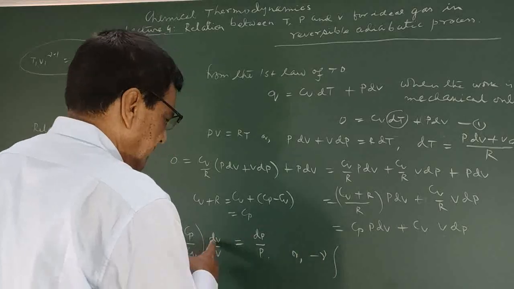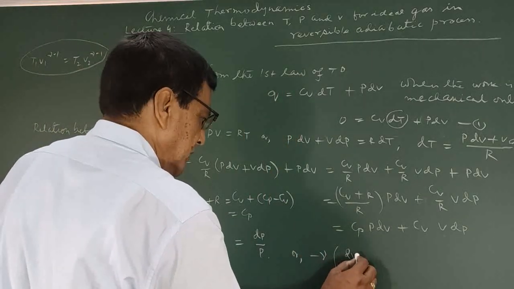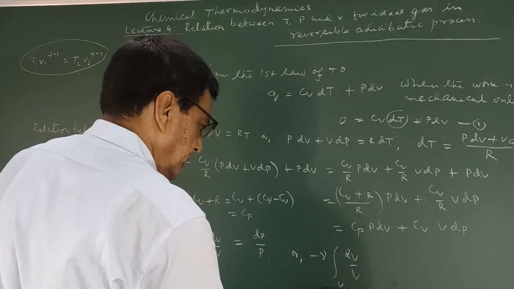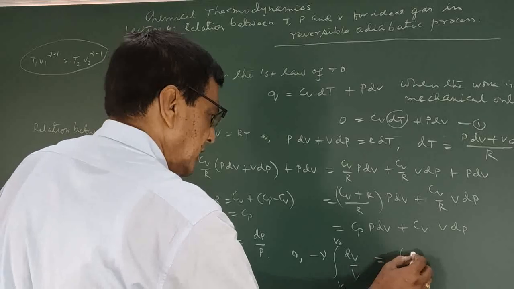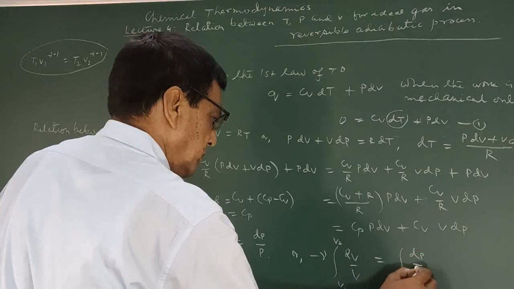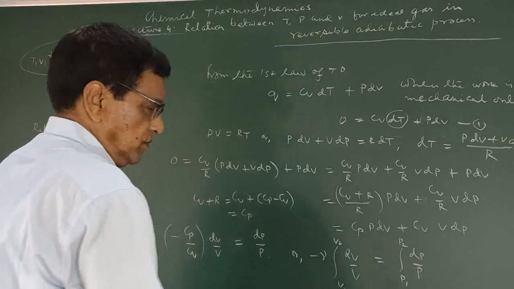And doing this integration as the process is reversible, dV by V, V1 to V2, equal to integration dP by P, P1 to P2.